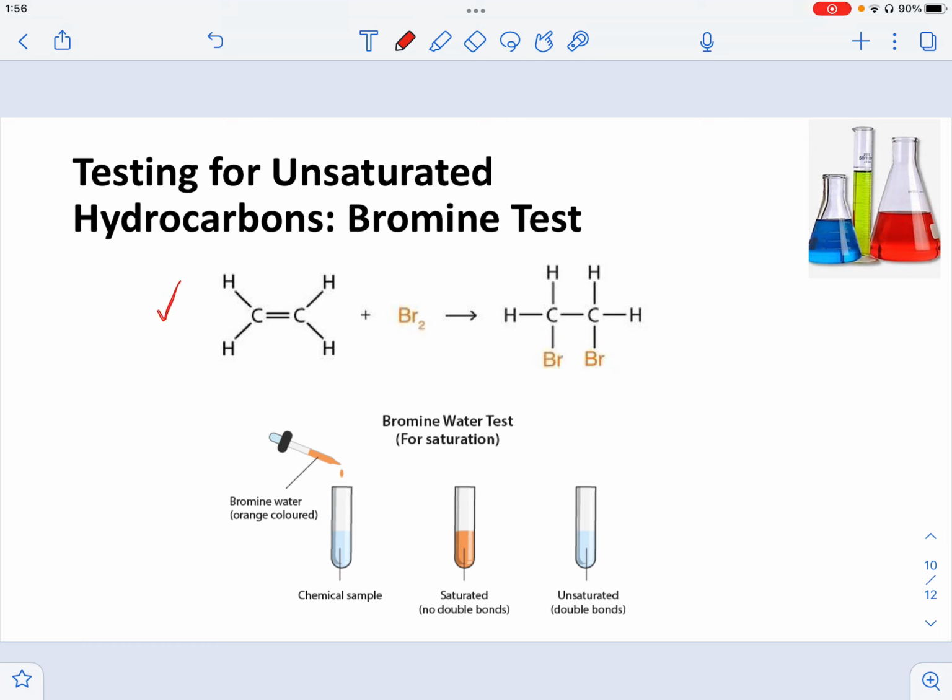Because you're testing for unsaturation, the molecules that are going to be specifically reactive in this test are unsaturated hydrocarbons. So for example, alkenes in the presence of Br2 are going to form an alkyl halide.